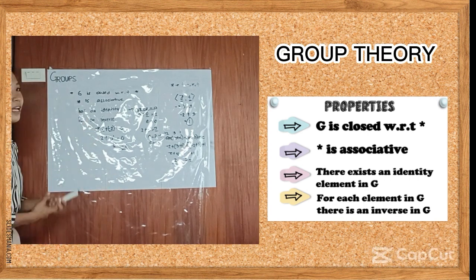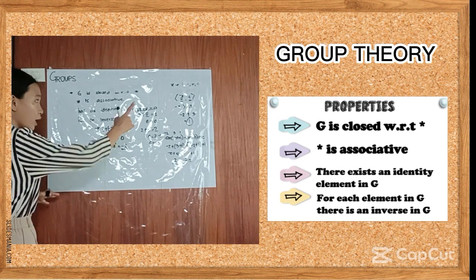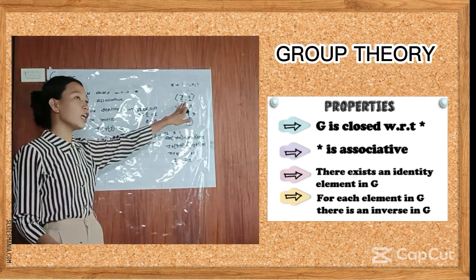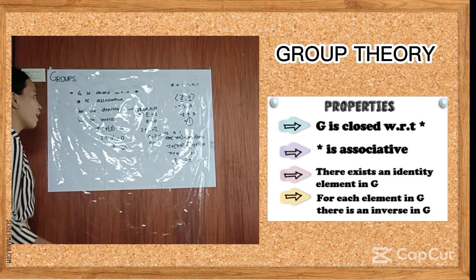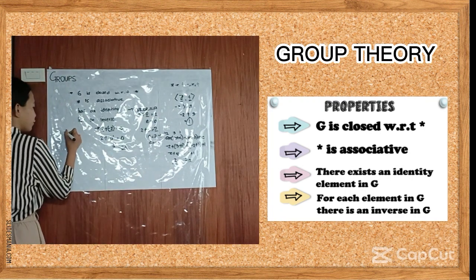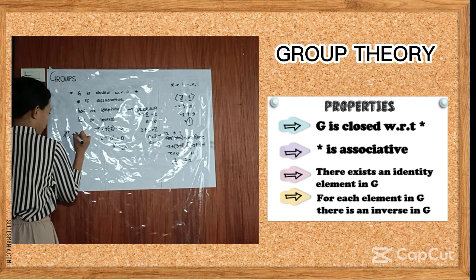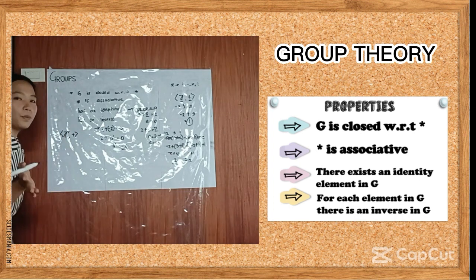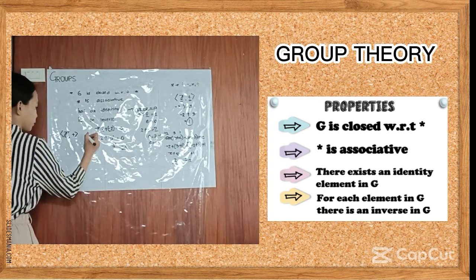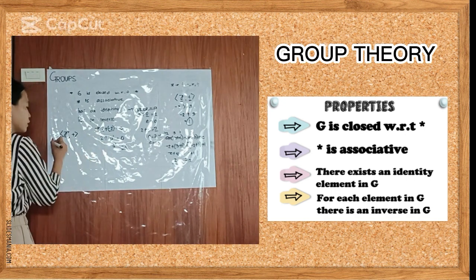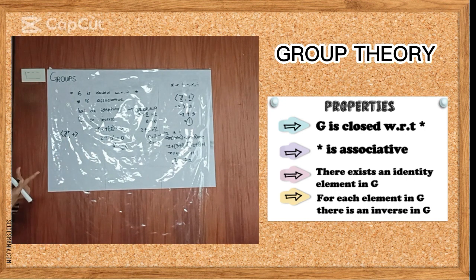Let's have another example. Since we have the integers under addition, let's have the positive integers under addition. Is it a group or not? First, it should be closed.